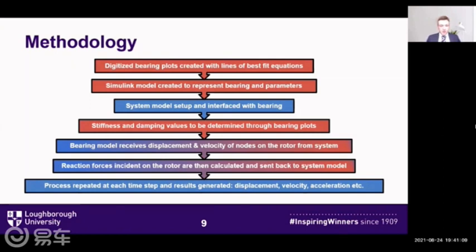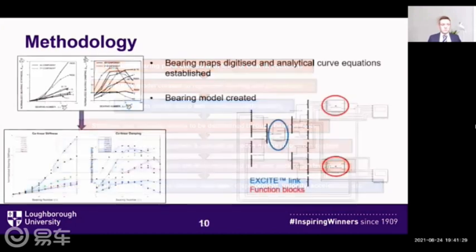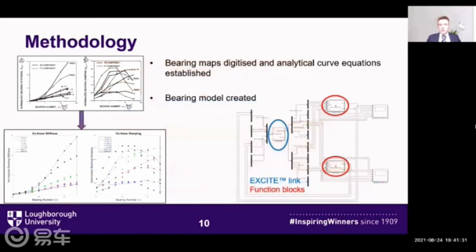When the simulations are run, collinear stiffness and damping values of the bearing will be determined through the plots. The bearing model will receive the displacement and velocity data of the rotor and calculate the resulting force acting from the bearings on the rotor. The flow of this data will be repeated for each time step during the simulation, and the dynamics of the system over a given time period could be analysed.